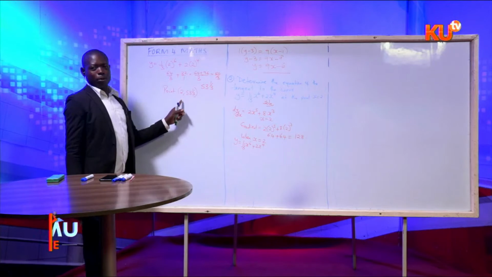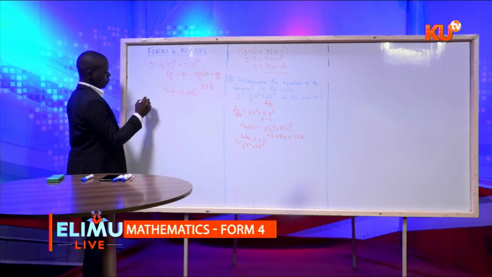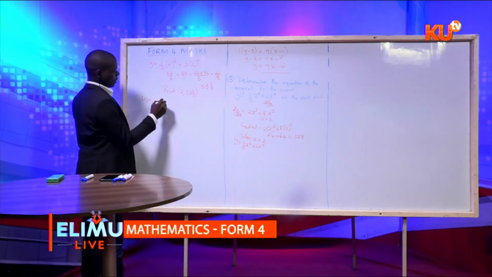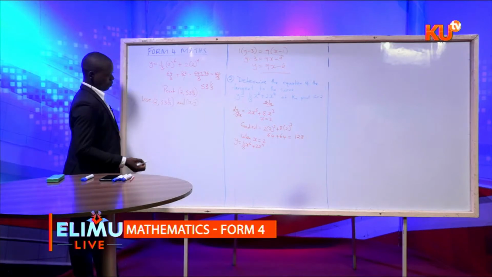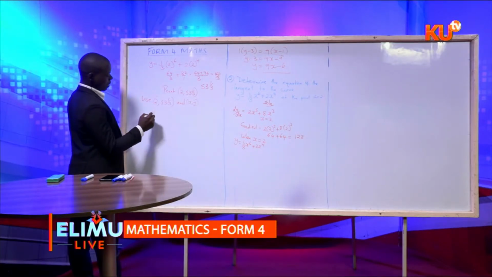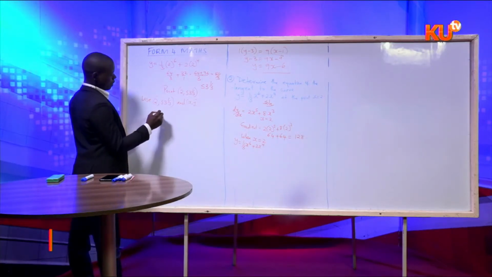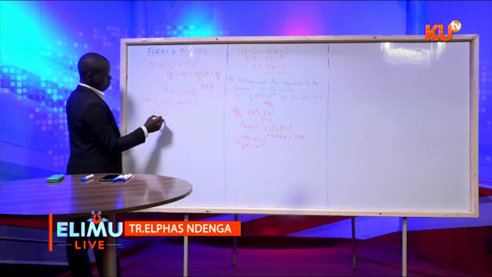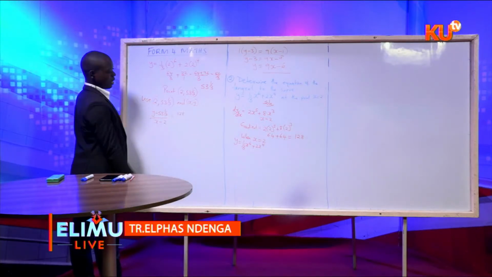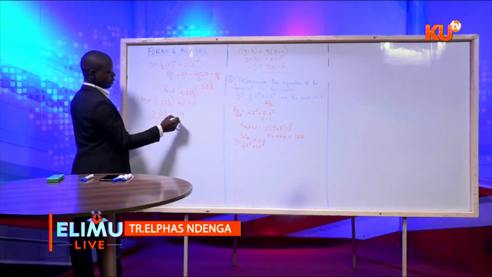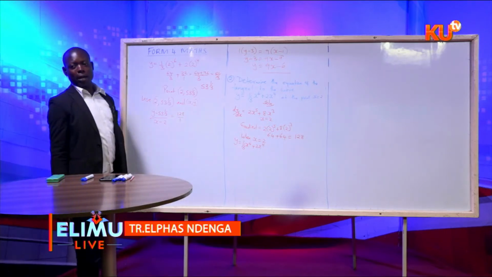We use this point now. So we now use the point 2, 53 and a third, and a general point xy. So we shall have y less 53 and a third over x less 2, and we equate it to 128 over 1.